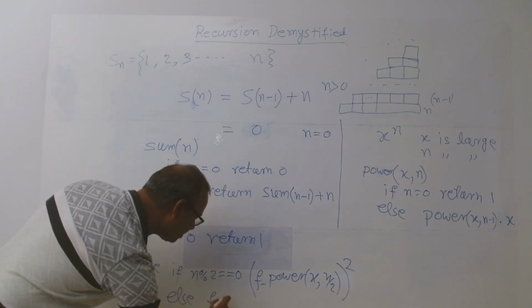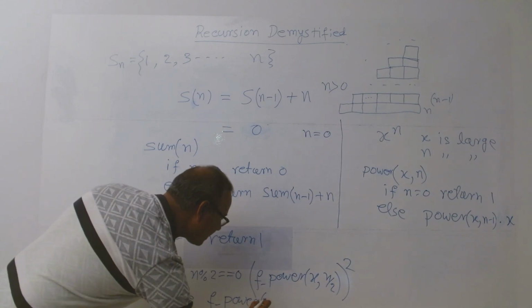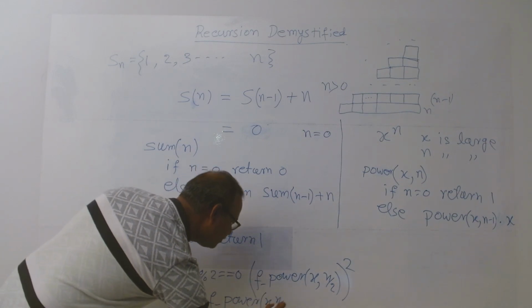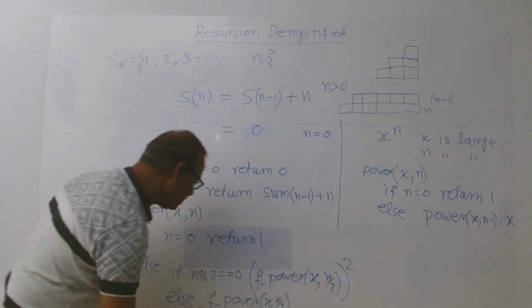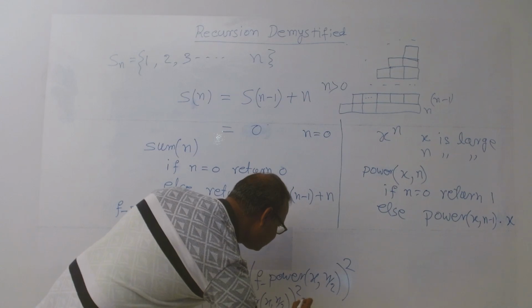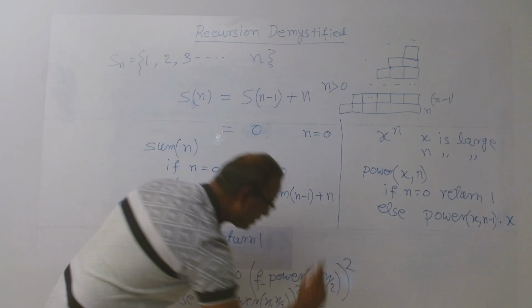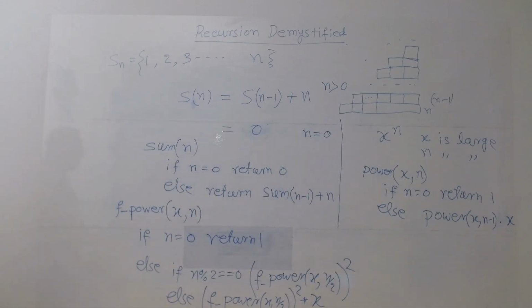Else, f underscore power of x, n by 2, the square, into x. Why?